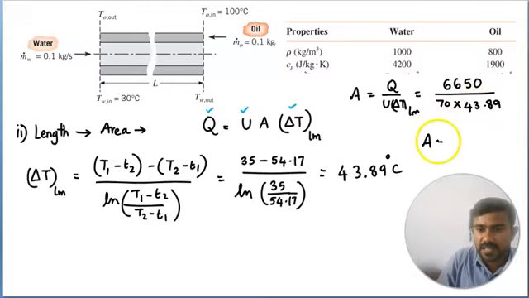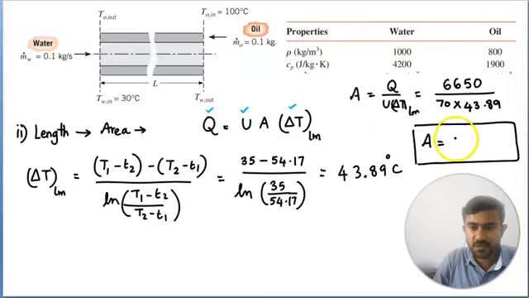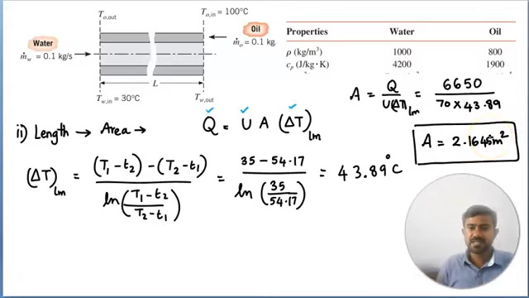So we can find the area of the heat exchanger that is required in counterflow. If you calculate this, 6650 divided by 70 into 43.89, you get 2.1645 meters square. So we need a heat exchange area of 2.1645 meters square.